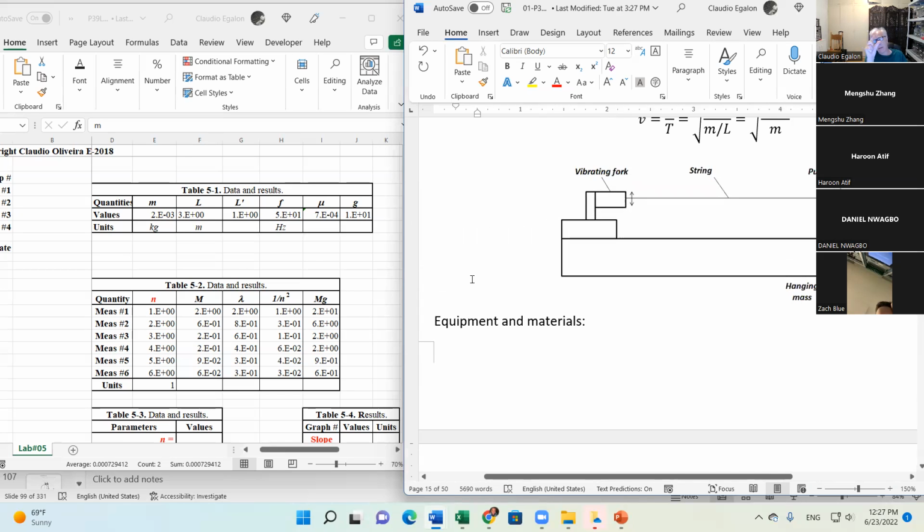It looks like a fork with two prongs, right? That vibrate, that's connected to the electricity and vibrates at the frequency of the power line. This frequency we can measure with the strobe light that we have there, and we can adjust the frequency of the strobe light. That's one way of doing that.